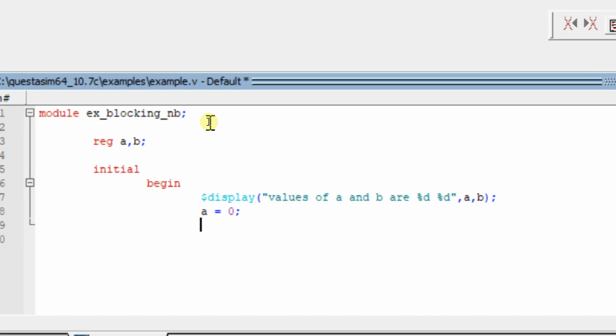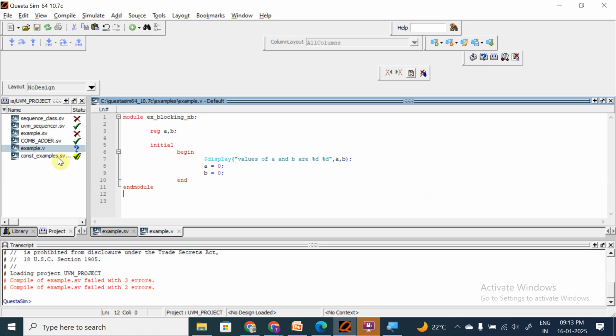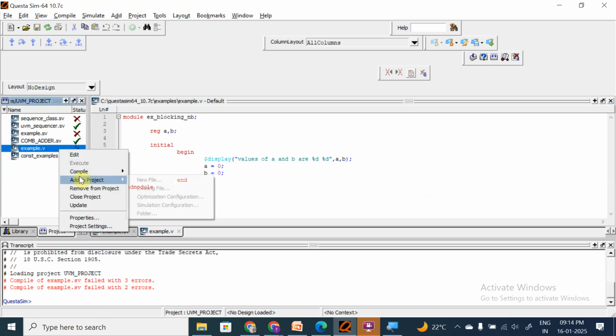A blocking of 0 and b blocking of 0 and end module. Okay, so I'm getting only very few responses.